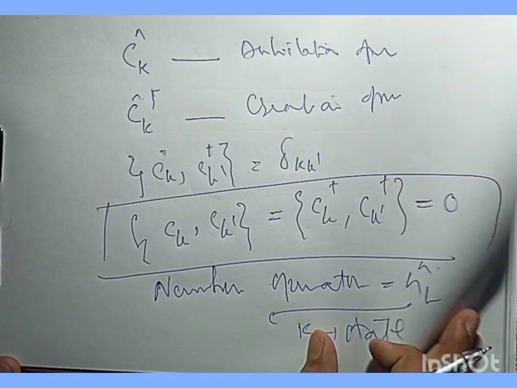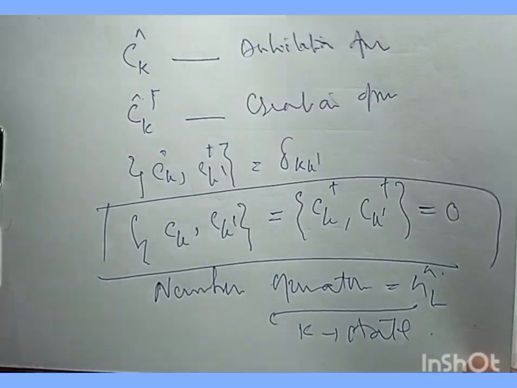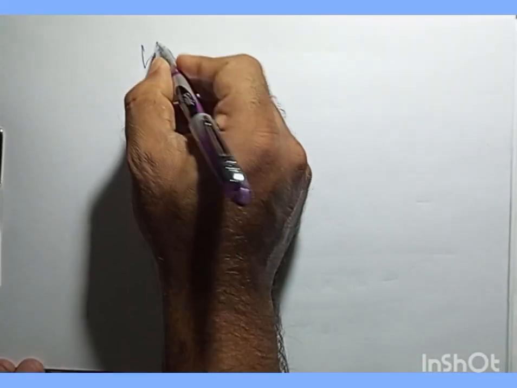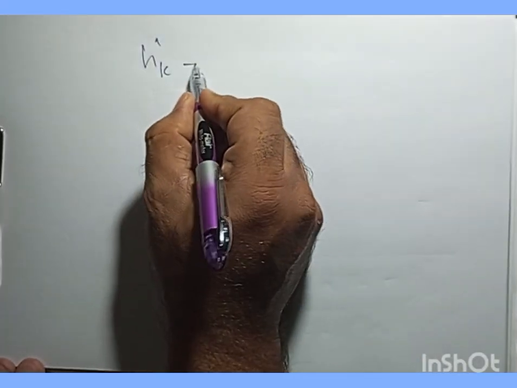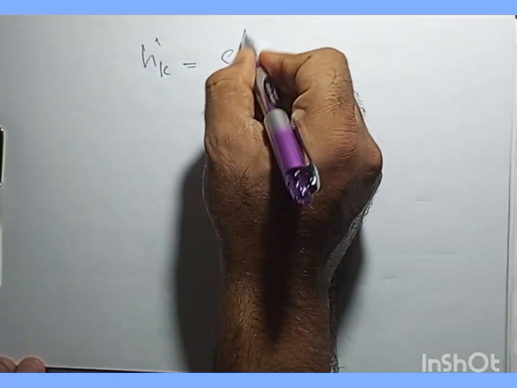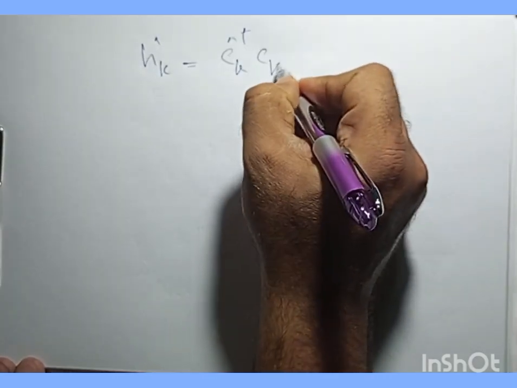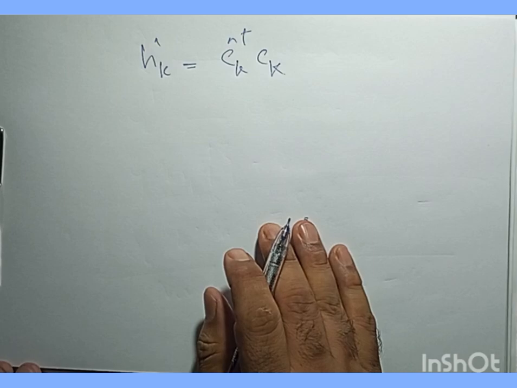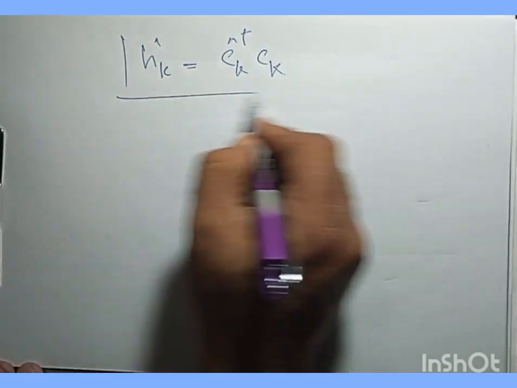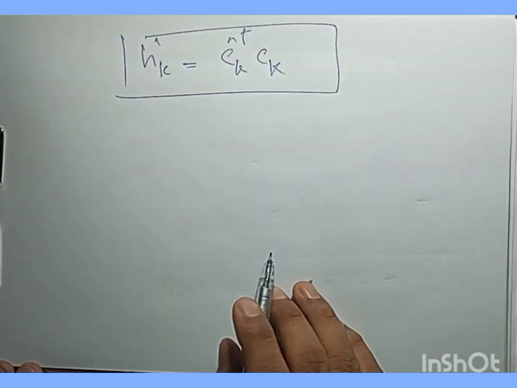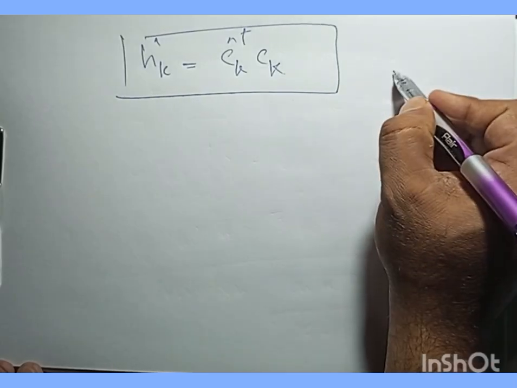I can define it as n_k cap equal to c_k dagger c_k.